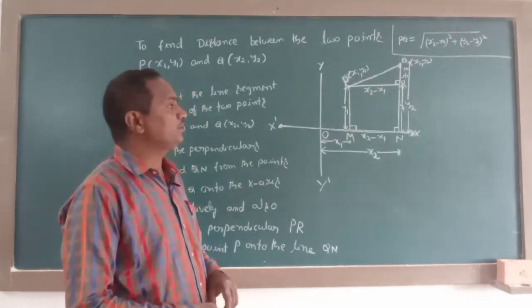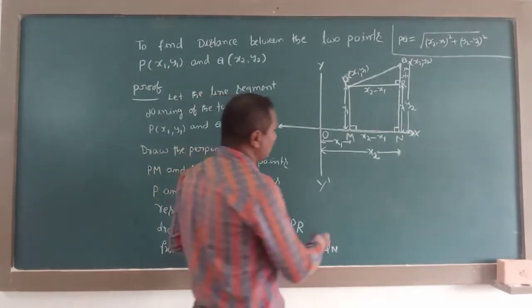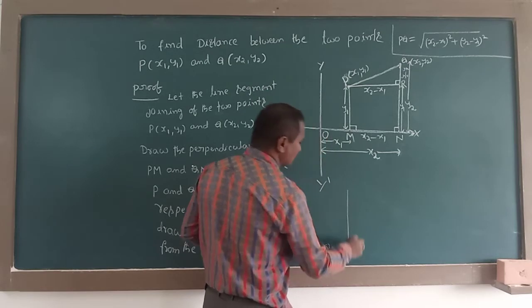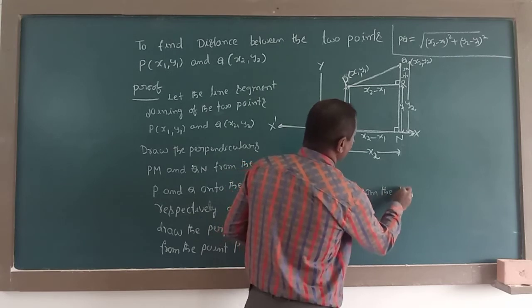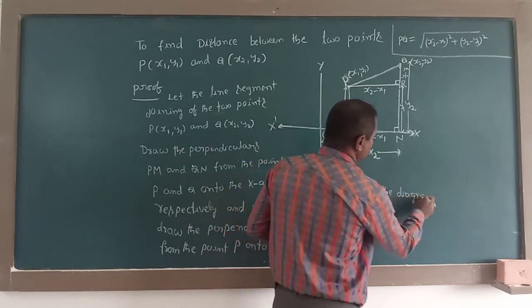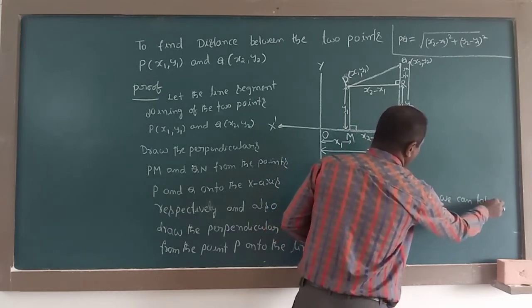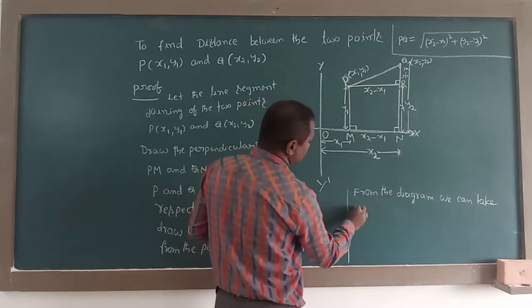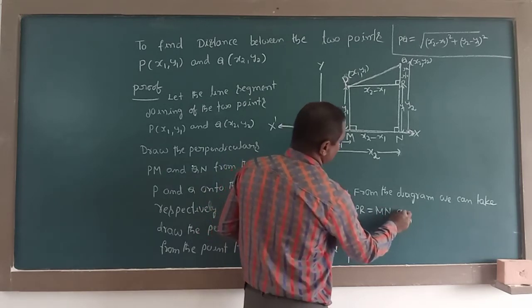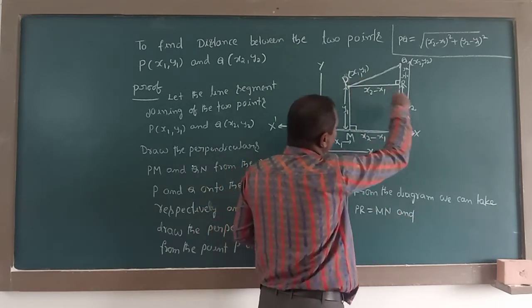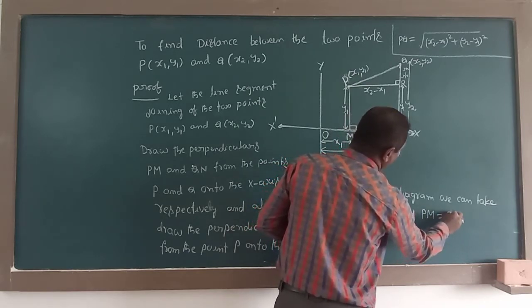Next, let us solve the calculation part. At the same time, from the diagram we can take PR is equal to MN, and one more, PM is equal to RN.